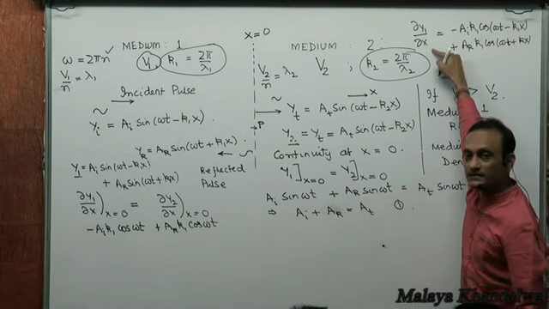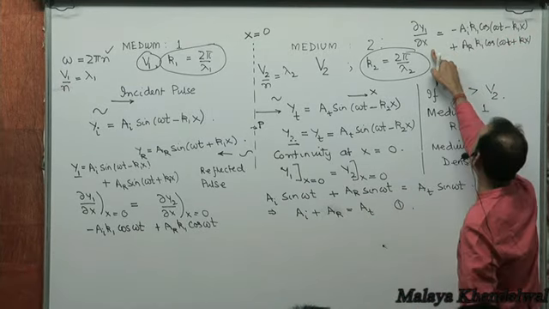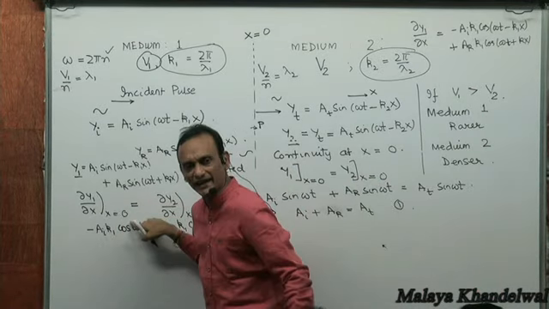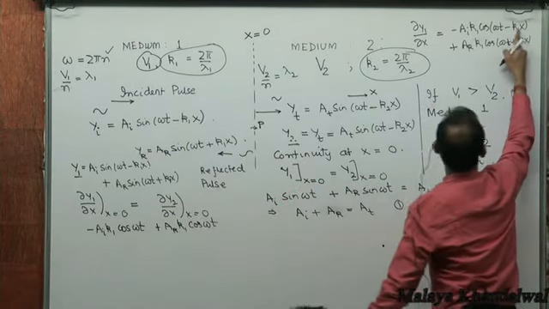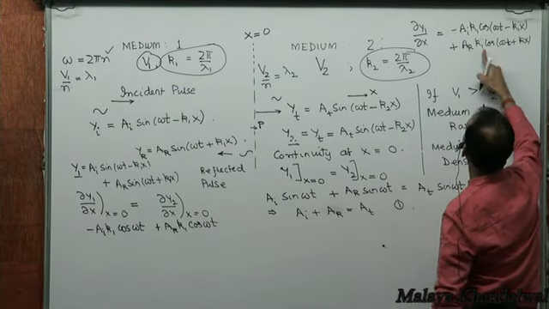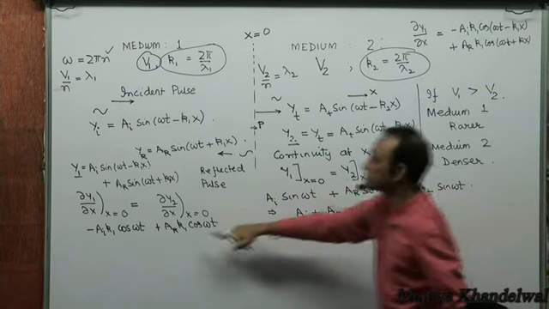That's dou y1 dou x. But I want the derivative of y1 with respect to x at x equal to 0. So if you plug in x equal to 0, what would you get? Minus Ai k1 cos omega t plus Ar k1 cos omega t, right?